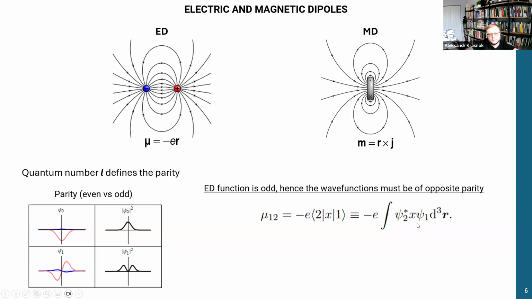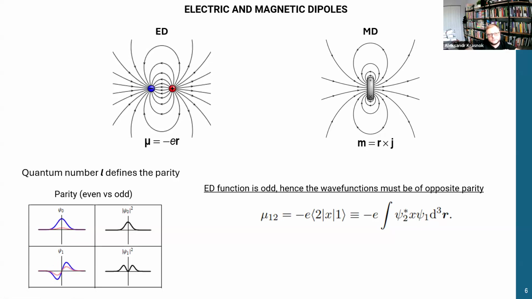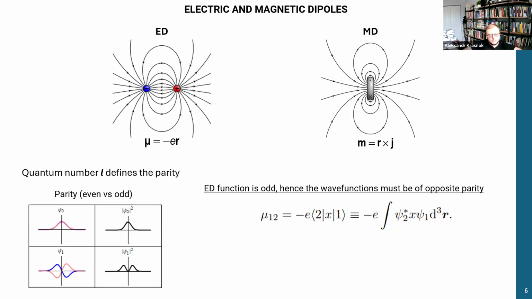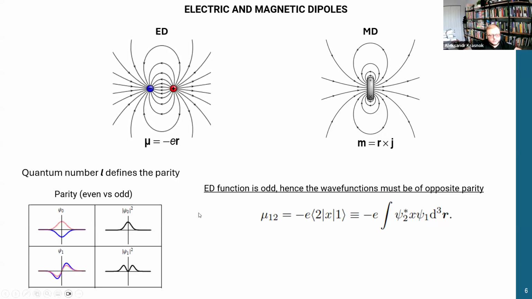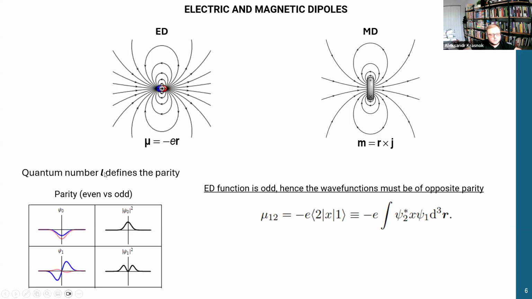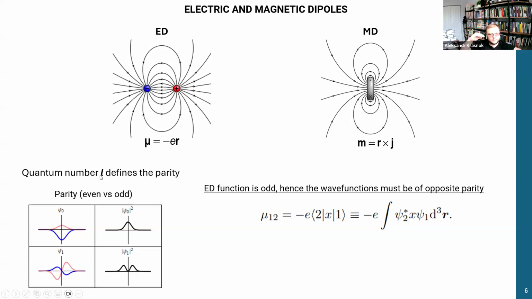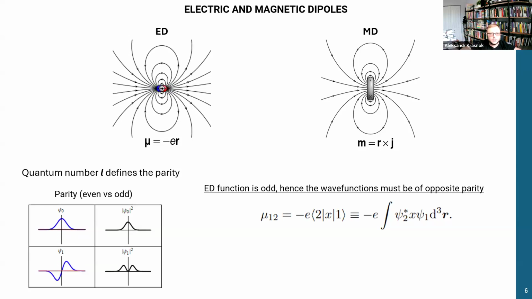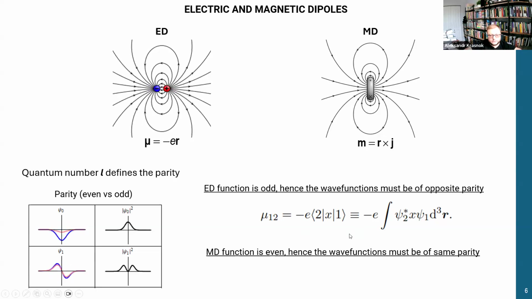So we conclude that electric dipole transitions are allowed only between states with opposite parity. That's why typically these transitions happen between states with different L, for example between L 0 and 1, or 1 and 2, or 0 and 2, and so on. So L must be different for the electric dipole transition.